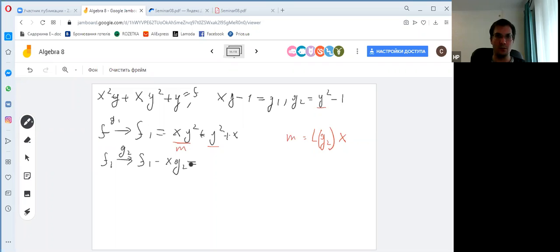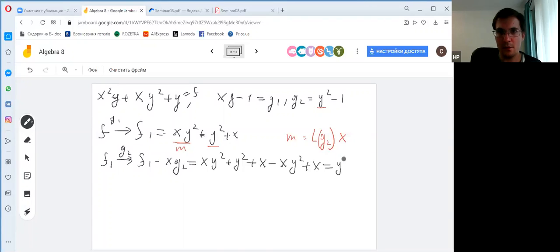This is equal to xy squared plus y squared plus x minus xy squared plus x, and this is y squared plus 2x.